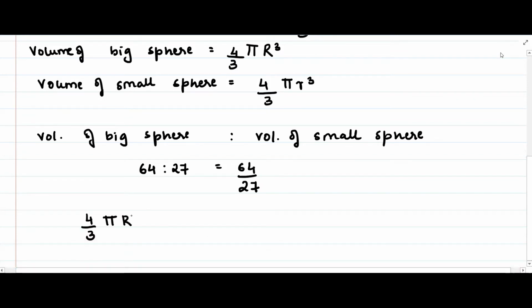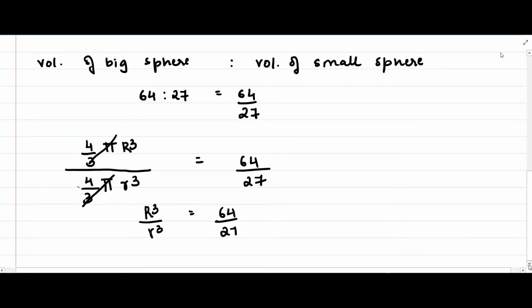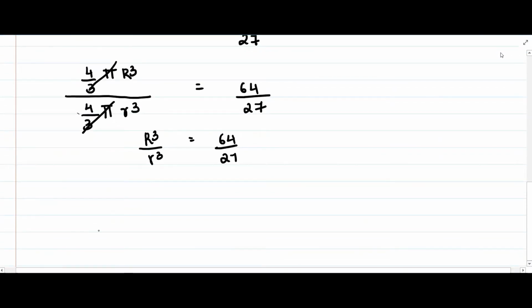So we'll now substitute the volume of the big sphere 4 by 3 pi capital R cube by 4 by 3 pi small r cube. So we will cancel the common terms. On the RHS we write this is equal to 64 by 27. So cancelling out, capital R cube by small r cube equal to 64 by 27, which is capital R by small r is equal to cube root of 64 by 27.